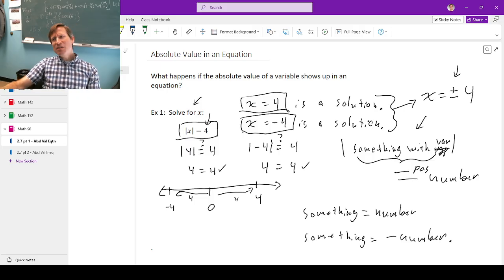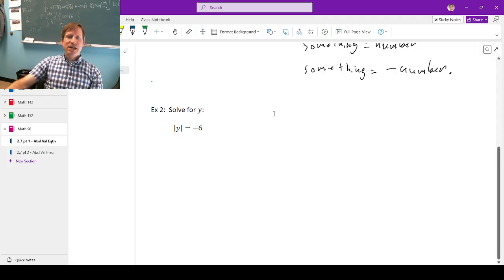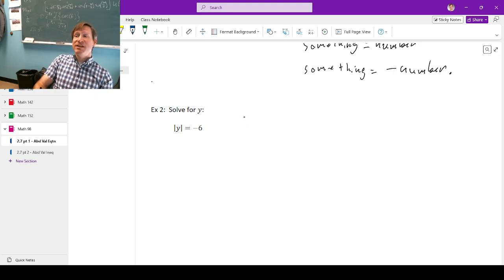All right, so now that we know the basics of how an absolute value equation works, let's work through one more example. So let's solve this equation for y: absolute value of y equals minus 6. Now the temptation here, based on the previous example, is to say, okay, well, y has to be plus or minus 6. But let's hold off on that for a second.